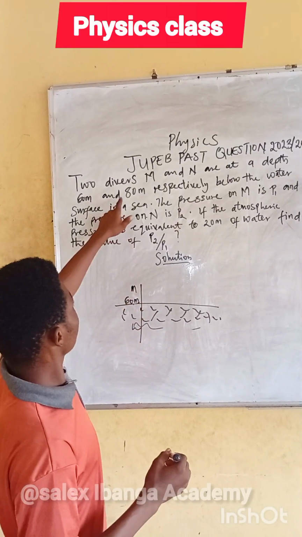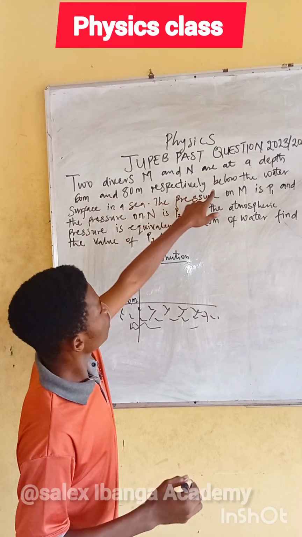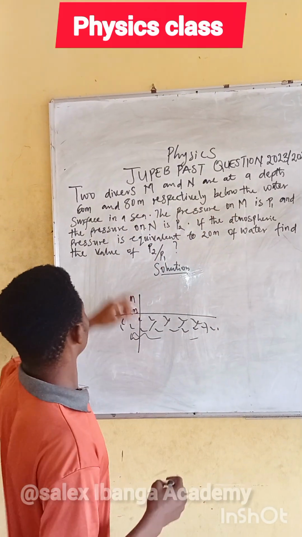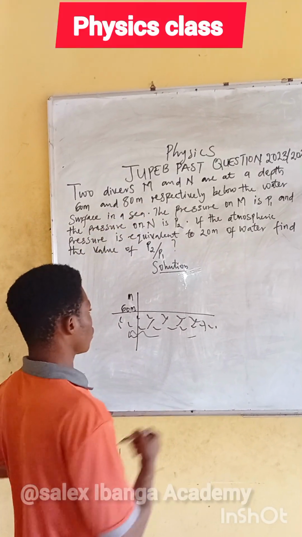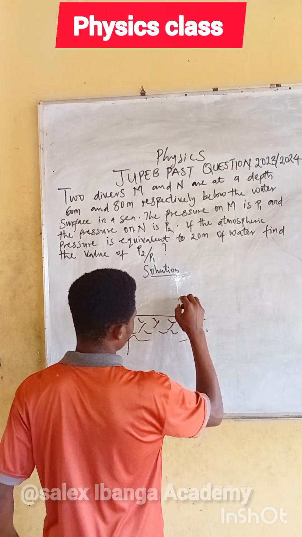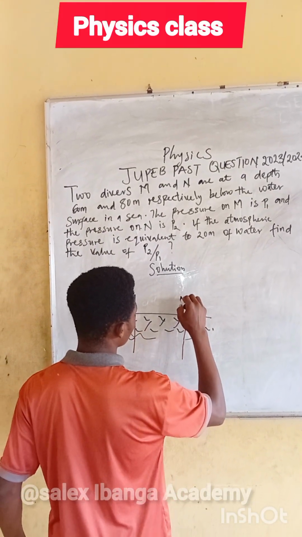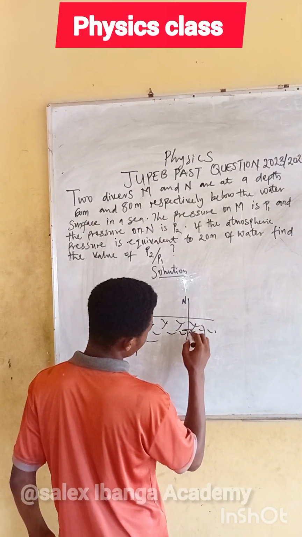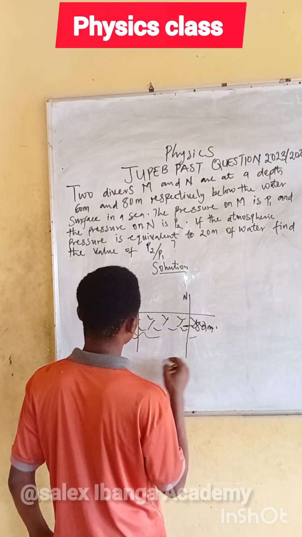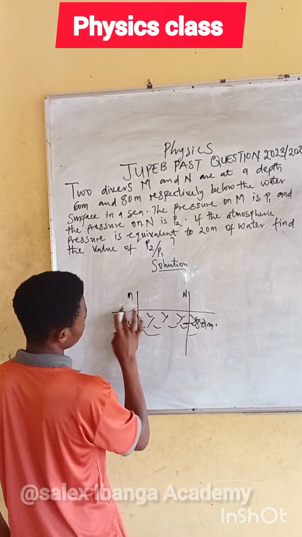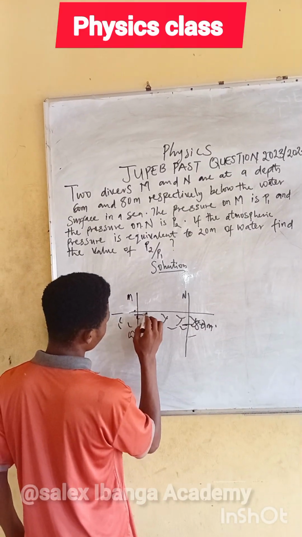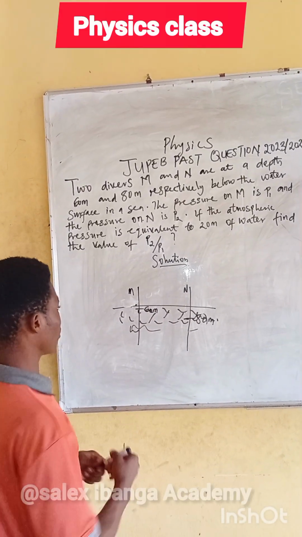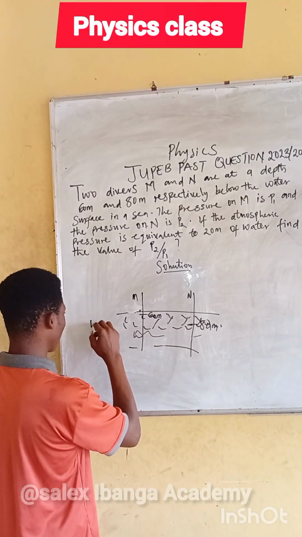At the same time, they say 80 meters respectively below the water, and 80 meters is for N. So here is for N, 80 meters. I'm just assuming, but this is my water.